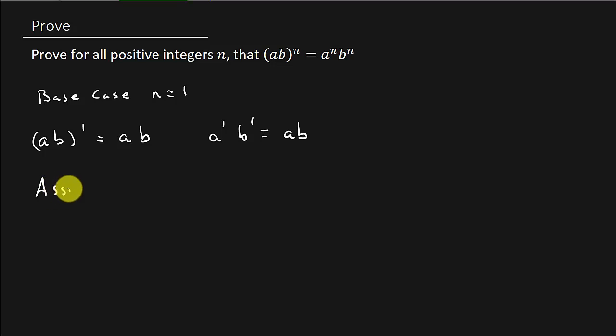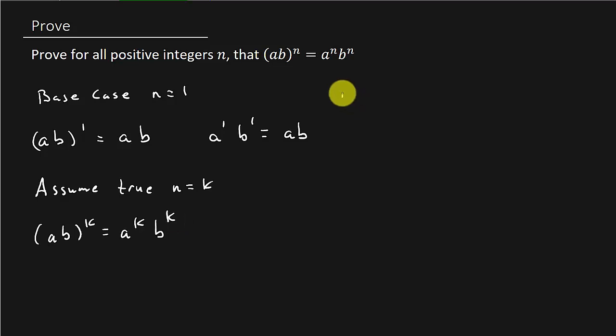So now we assume that it's true when n is equal to k, which means (ab) to the k is equal to a to the k times b to the k. Okay, so we assume that's true.